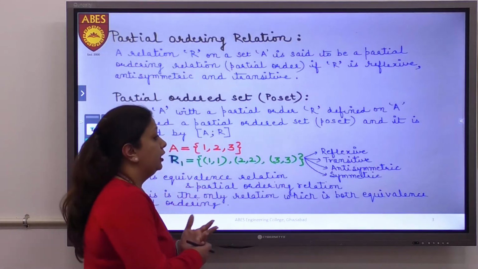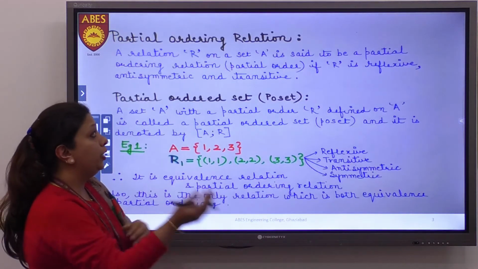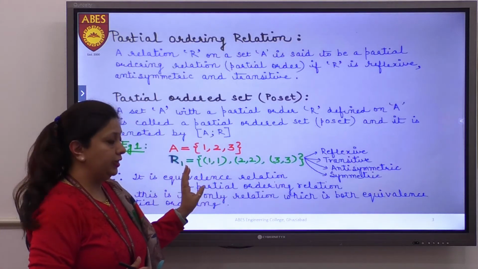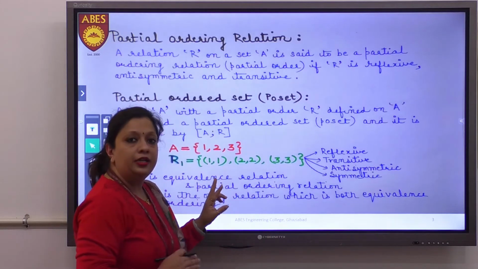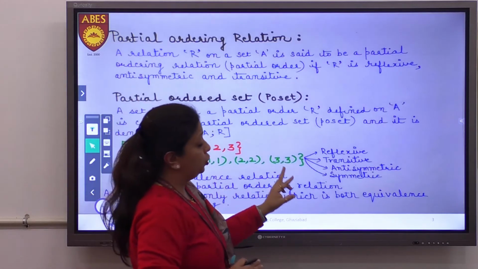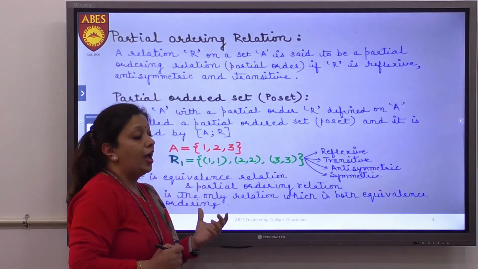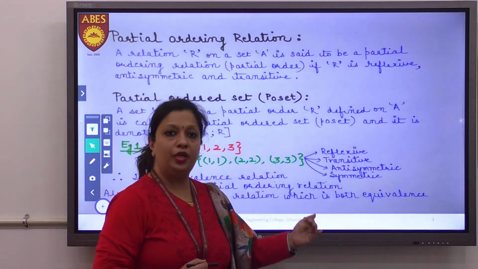Now we will see that this is also an equivalence relation. For a relation to be equivalence, it should be reflexive, which we had already seen that this relation is. It should be transitive, which we had seen that this is a transitive relation, but it should be symmetric as well. Symmetric means that if I have a pair of type (a,b), then there should be a pair (b,a).